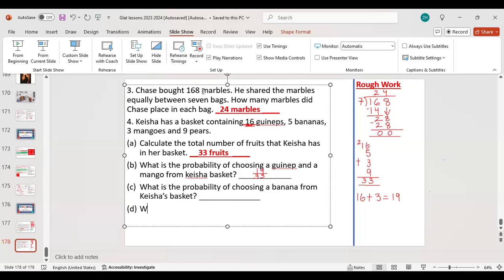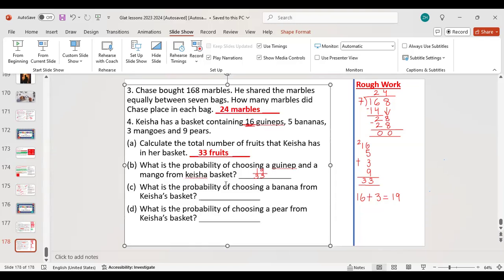And then D, what is the probability of choosing a pear from Keisha's basket? All right, what's that probability?